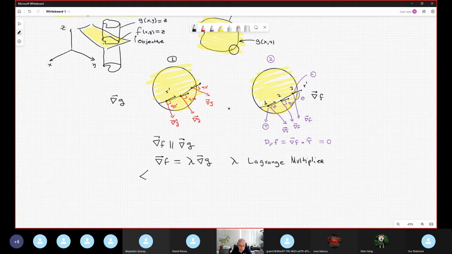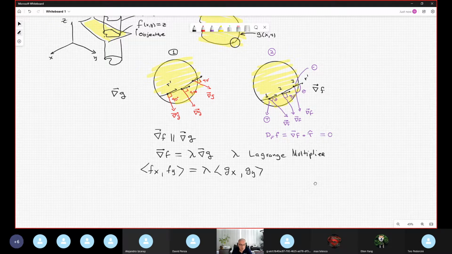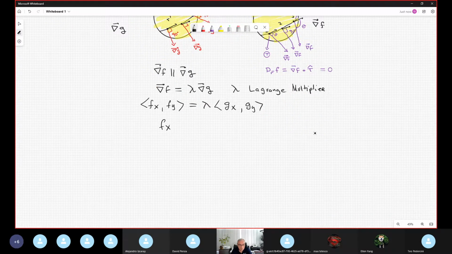You know very well that the gradient is the partial derivatives. Suppose 2 dimensions. If it is 3 dimensions, it's the same. This is the gradient, and this is lambda, and this is another gradient, gx, comma gy. Okay, so if they are equal component by component, then fx equals lambda gx, equation number 1, and the partial derivative with respect to y equals lambda times the partial derivative of g with respect to y, equation number 2.